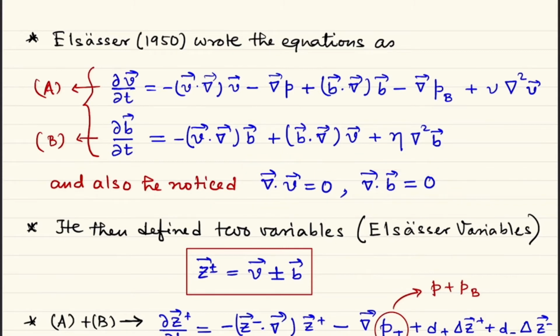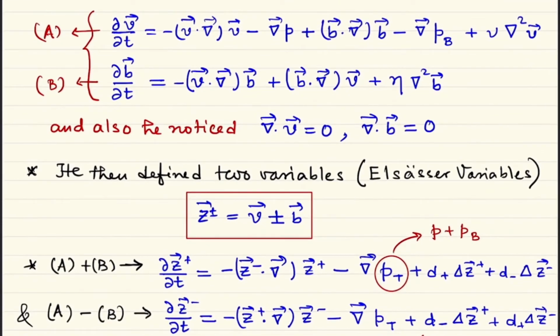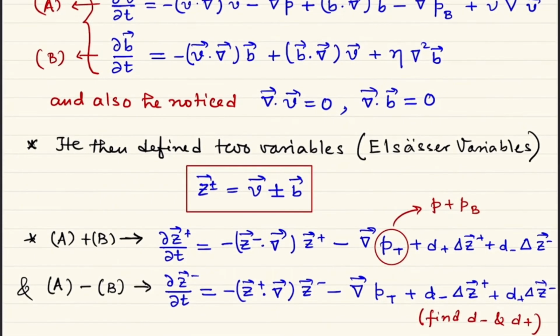Then he wrote the whole set of two equations by redefining a new set of variables called the Elsasser variables, which are nothing but V plus minus small b. Both are of the dimension of velocity. So Z plus is nothing but V plus small b, and Z minus is nothing but V minus small b.